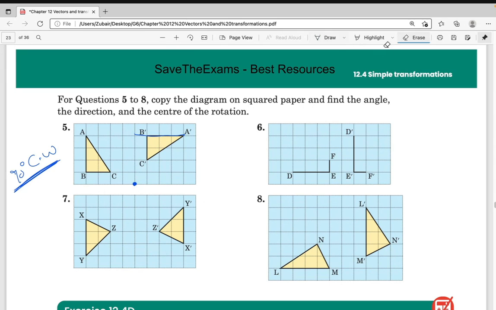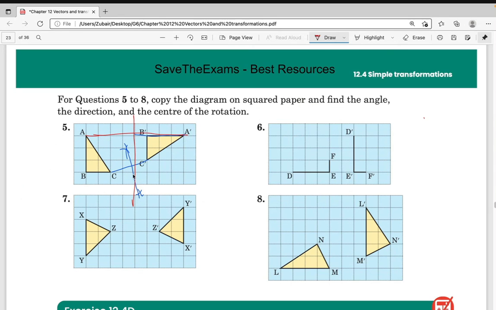Now the other actual method, what is it? We join the two corresponding points. We draw the perpendicular bisector. This is one step. Second step, we join the other two corresponding points and we draw their perpendicular bisector.